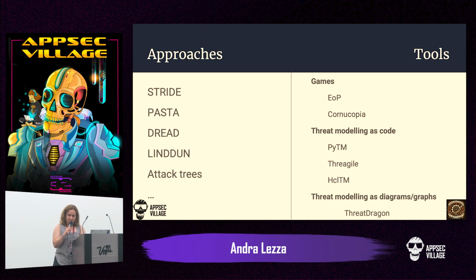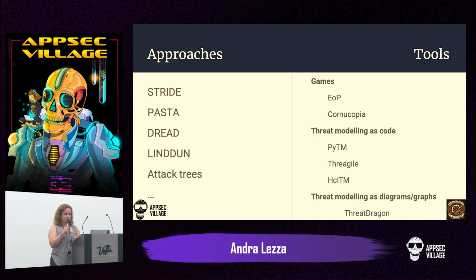There are also various ways and approaches of doing threat modeling, and I'm saying that because in our team, for example, there's 20 of us, 20 AppSec engineers. We each have a different way of doing threat modeling. Sometimes quite annoying, but it works. So we have lots of acronyms in this space. STRIDE, which stands for spoofing, tampering, repudiation, information disclosure, denial of service, elevation of privilege.